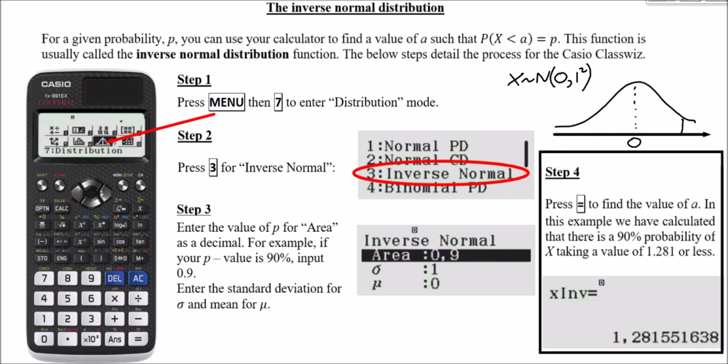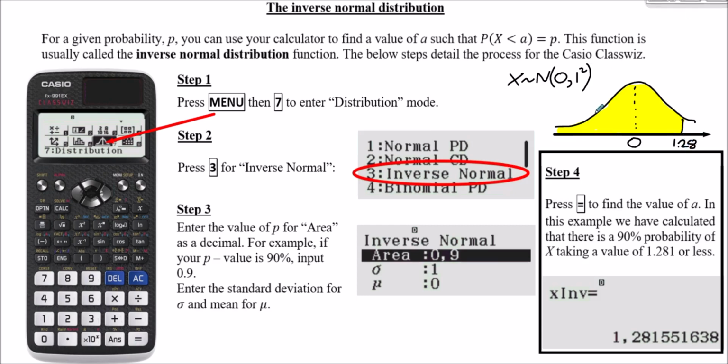In other words, what value here would make this proportion of the curve 0.90, 90% of the curve, and we've just found that it's 1.28. So that is actually what's going on, what we're calculating. We worked out here that that must be 1.28, correct to 3 significant figures anyway. That's what this inverse function is doing. It's telling us what point will give us a certain probability we need.